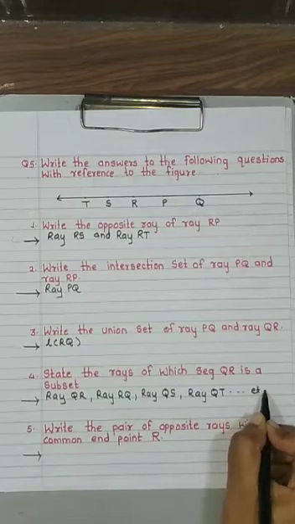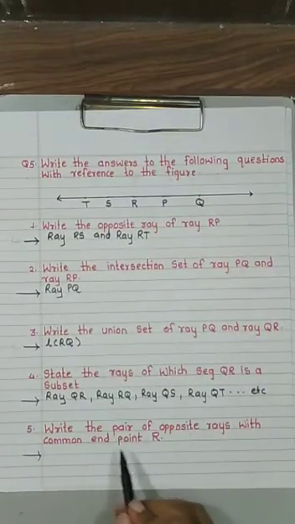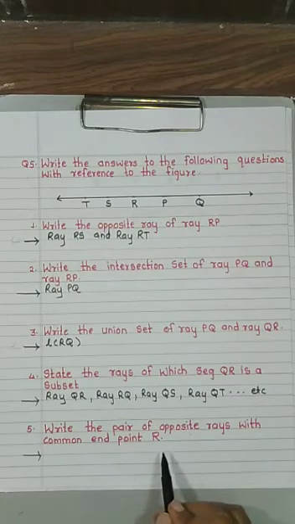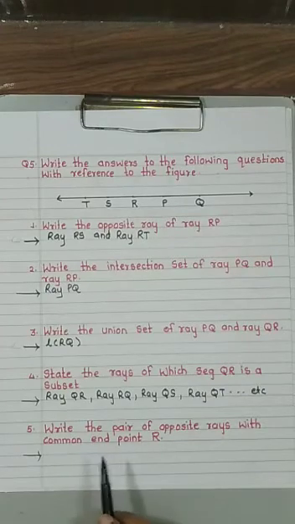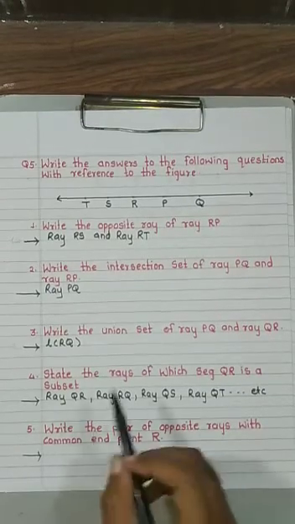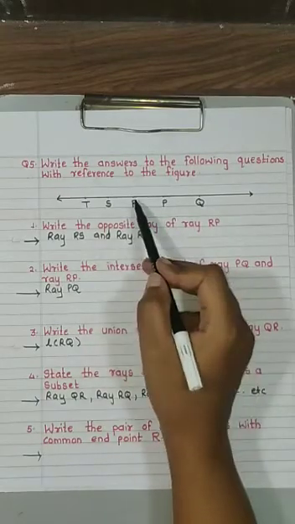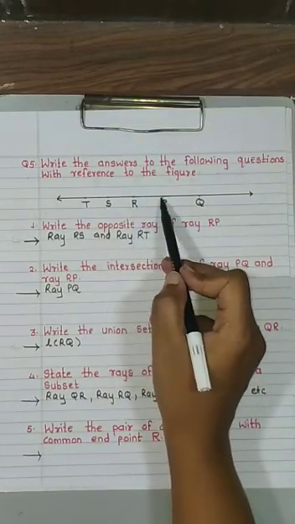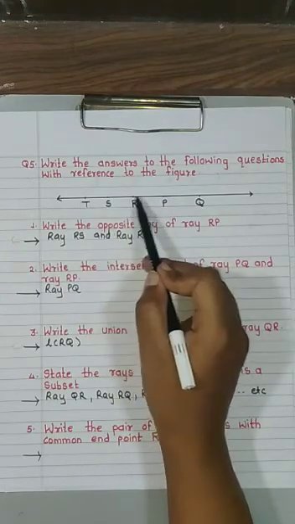Write the pairs of opposite rays with the common endpoint R. Now you can see here, ray RP, ray RS, ray RT and ray RQ.